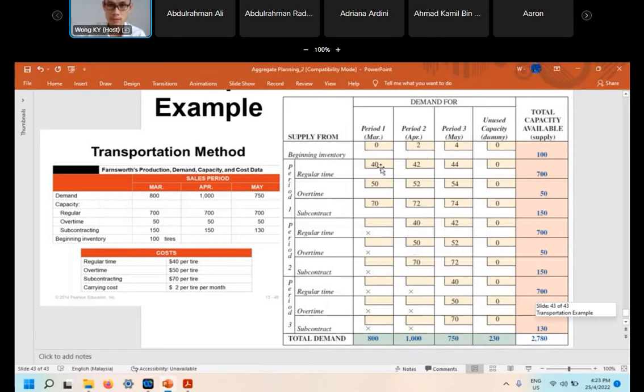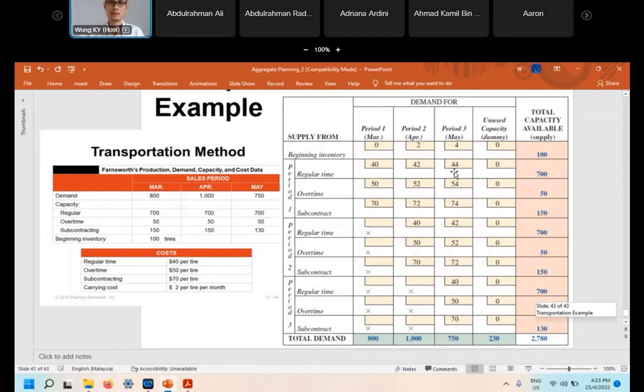If we make something in regular time in March and carry it forward to April, it becomes $42 because of the additional $2 of carrying cost. In May, it will be $44.